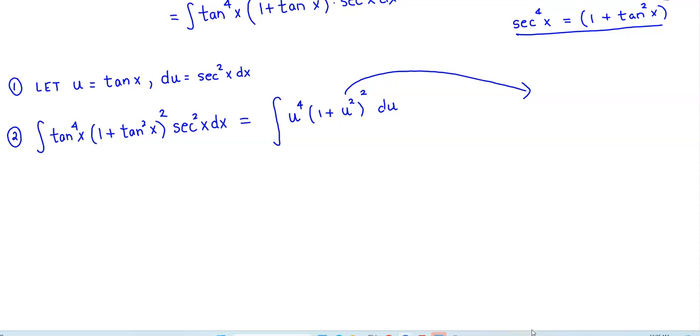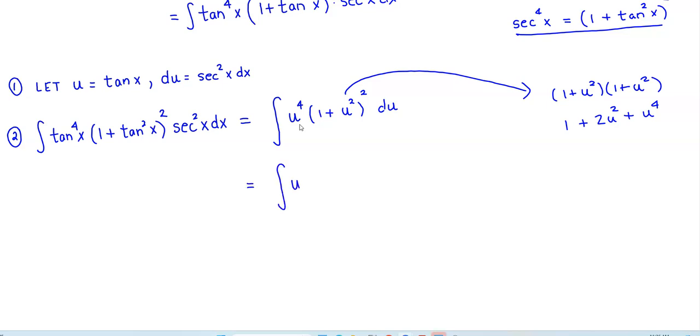Okay, so now we're going to expand 1 plus u squared times 1 plus u squared. We're going to get 1 plus 2u squared plus u to the 4th.